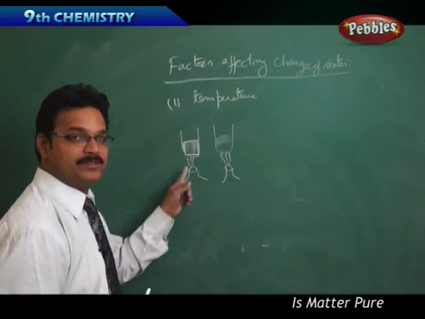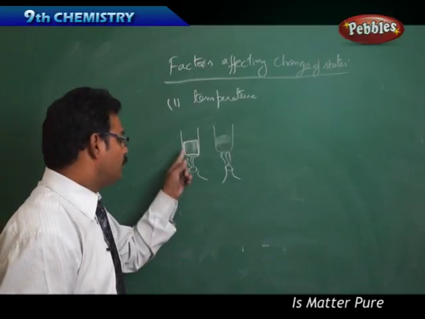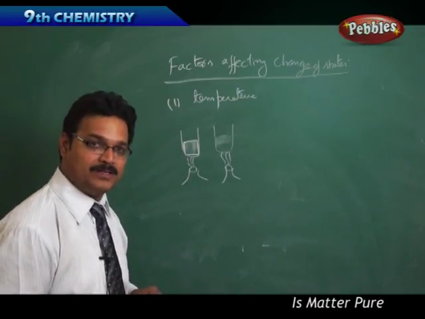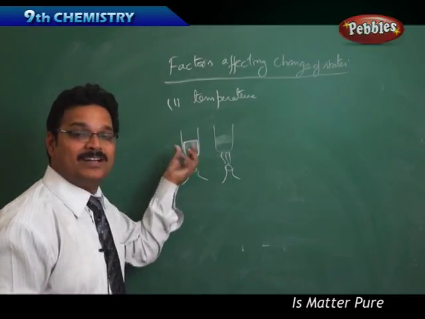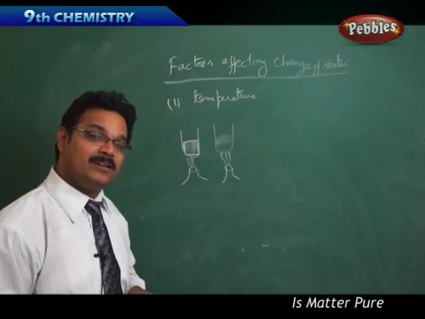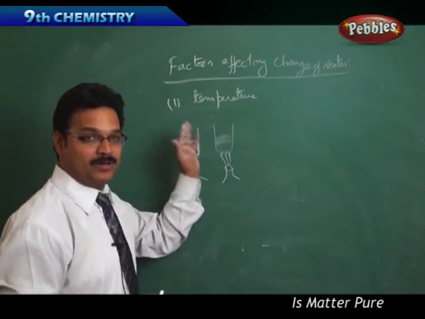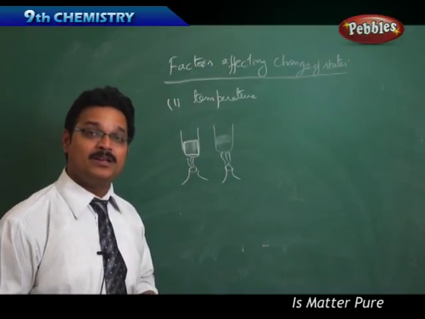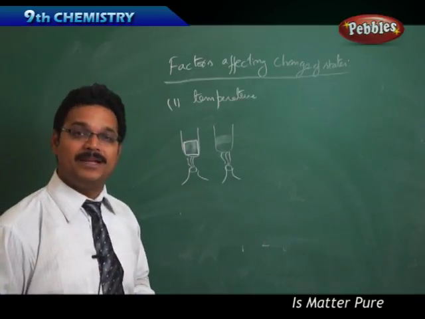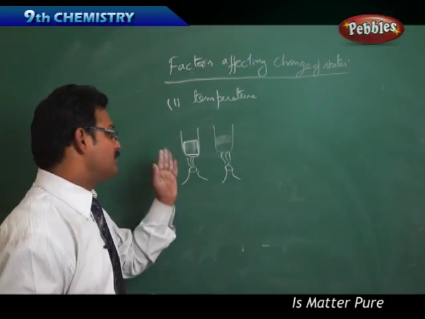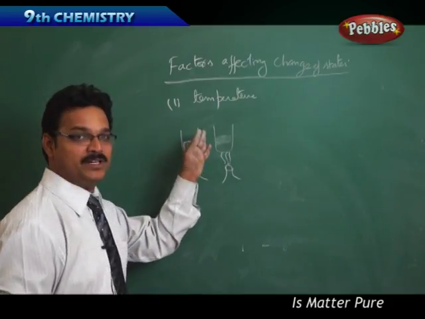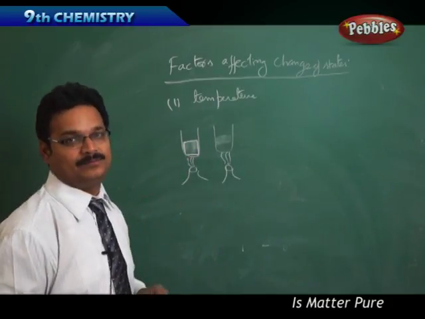But if you supply heat to this ice, and you are increasing the temperature of the ice, then the change to water happens quickly. That means when you increase the temperature of the substance, the change from solid state to liquid state is faster.